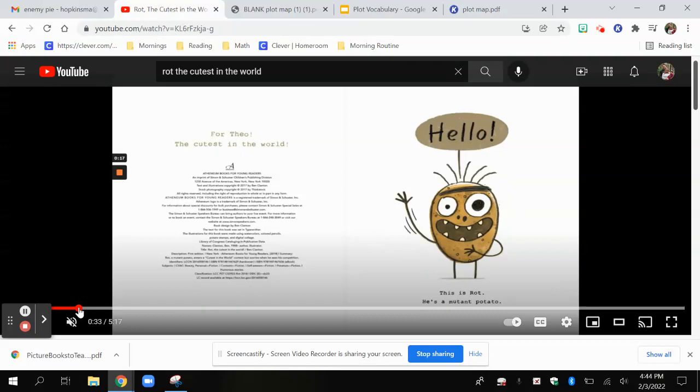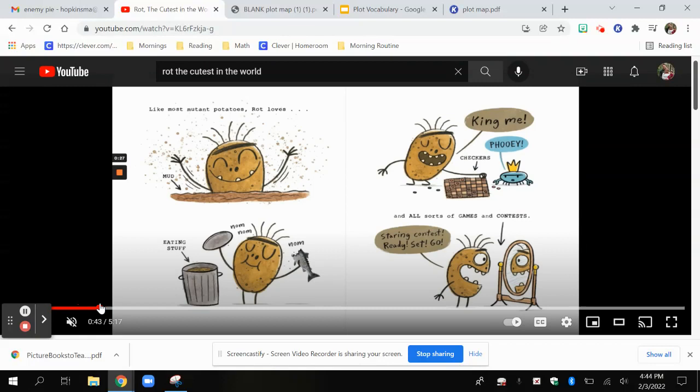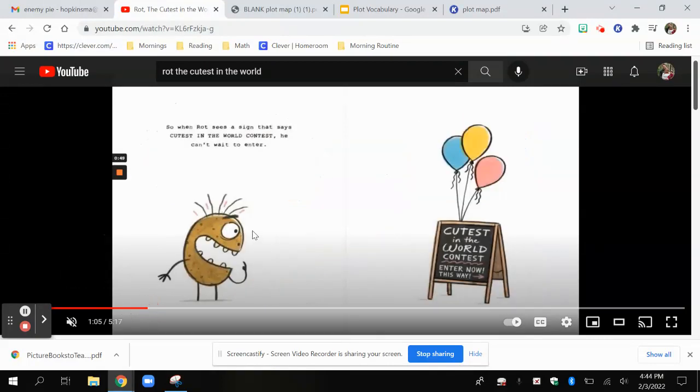Hello, this is Rot. He's a mutant potato. Like most mutant potatoes, Rot loves mud, eating stuff, nom nom nom, checkers, and all sorts of games and contests. King me, phooey, staring contest, ready, set, go. So when Rot sees a sign that says Cutest in the World contest, he can't wait to enter.